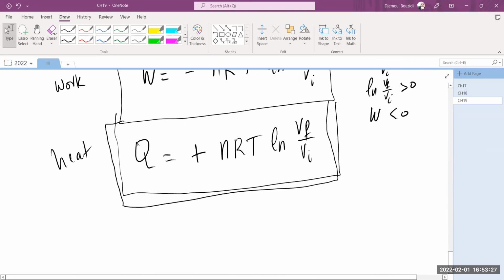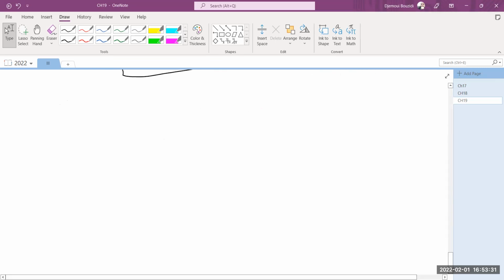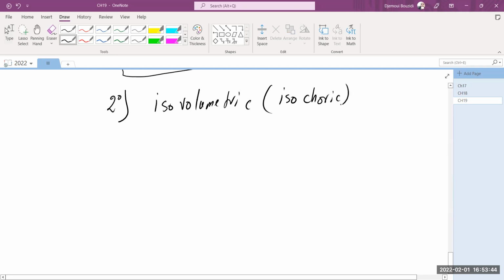Okay, another process of interest to us, I'm going to draw the second process in here, which is kind of easy also, which is called an isovolumetric. I don't like this word. I use the other expression that is commonly known as the isochoric process. This is where delta V is equal to 0.